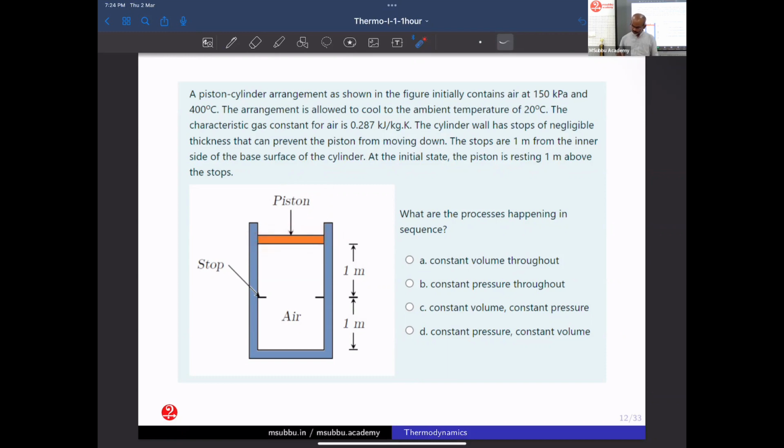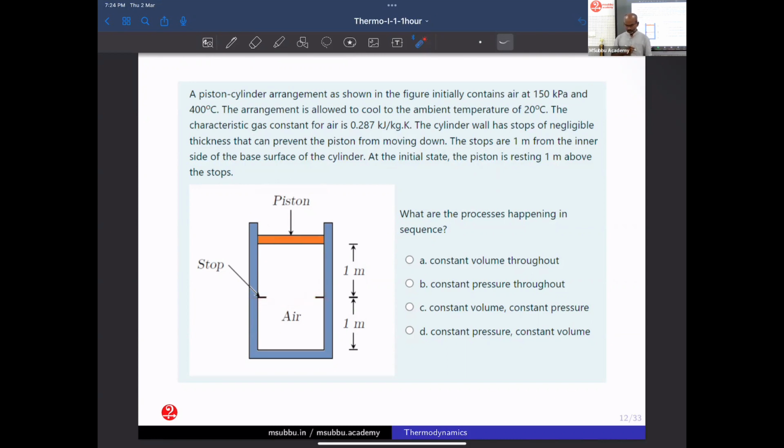So the pressure will remain constant, but till the piston touches the stopper, the volume will keep on going down. PV is proportional to T, so T is decreasing and V is decreasing in proportion to T. P remains constant till this part.